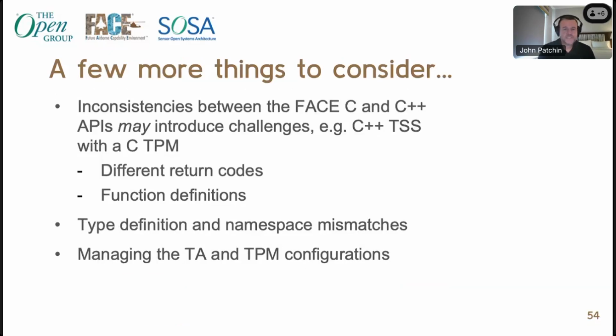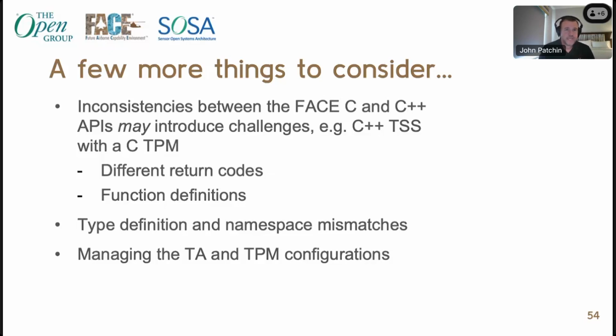A couple more things to consider. We didn't necessarily have to make these considerations during this integration of the Balsa demo. However, it could pop up during actual application integrations. I think the biggest one here would be a mismatch of languages. We've got the FACE C and C++ APIs, which, at least in our experience, are probably the most commonly used FACE APIs. When we look at mixing and matching C++ with C, we look at differences in return codes.